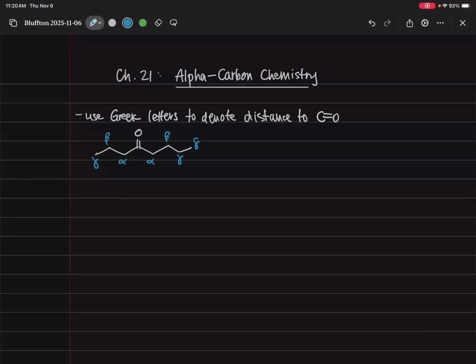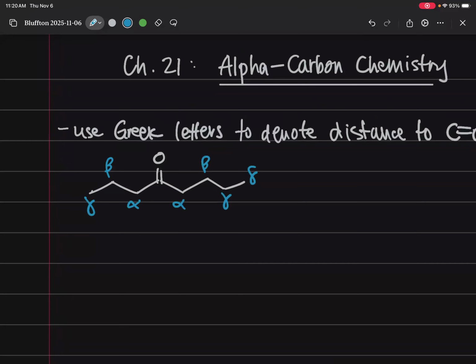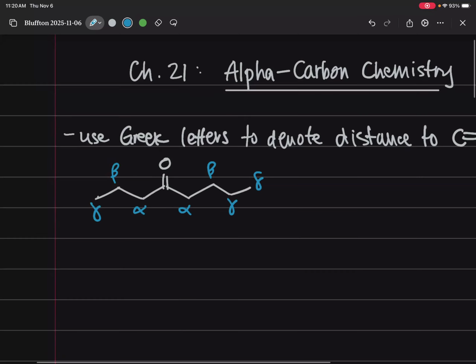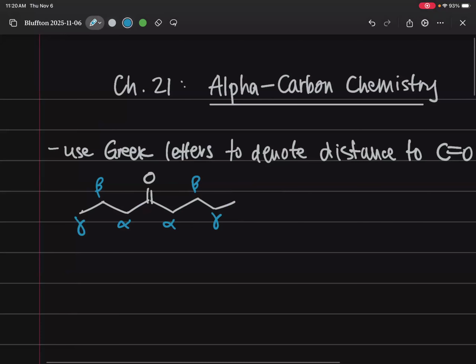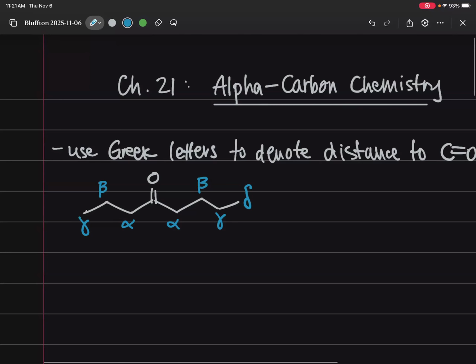So the lower letters are closer to the carbonyl. This is delta, and this is beta.